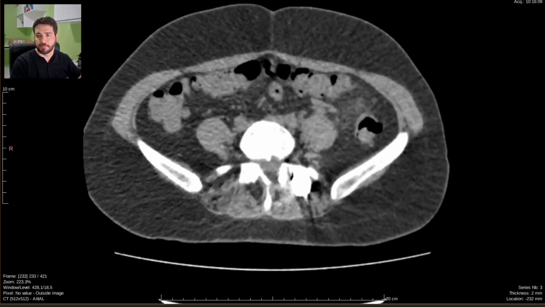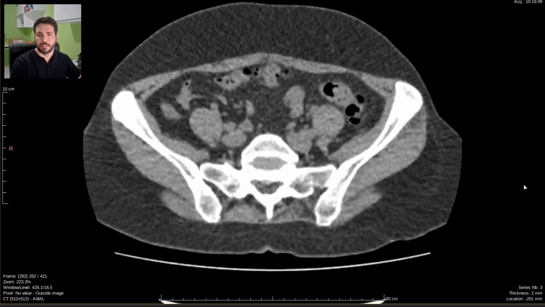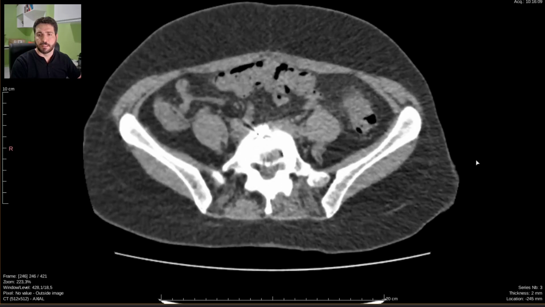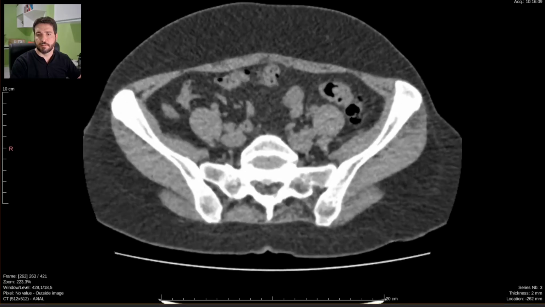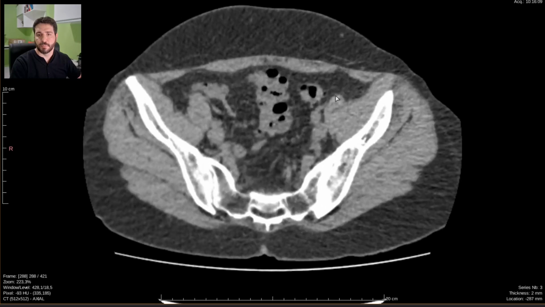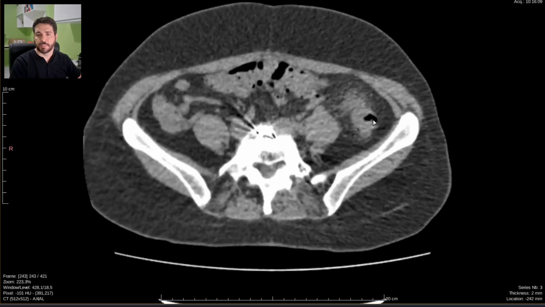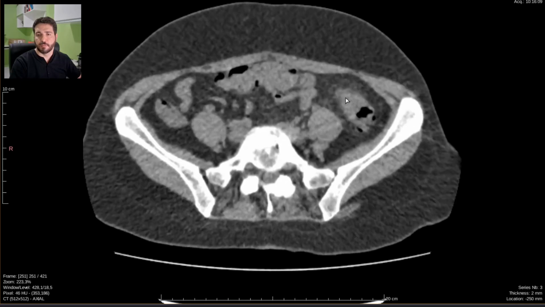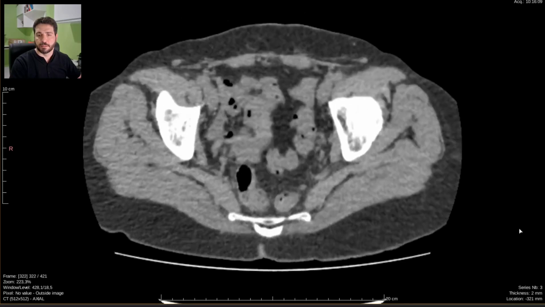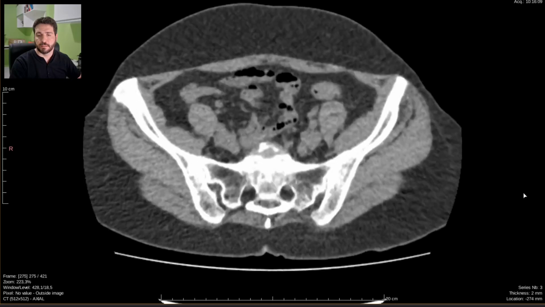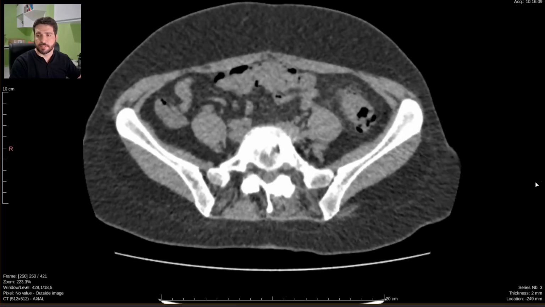There is fat stranding in the left iliac fossa, and we can see there is thickening of the walls of the sigmoid colon and a bunch of small diverticuli. So diverticulosis plus thickening of the wall plus fat stranding. This is the hallmark, the easiest diagnosis you can make in such cases. This is acute diverticulitis of the sigmoid colon.